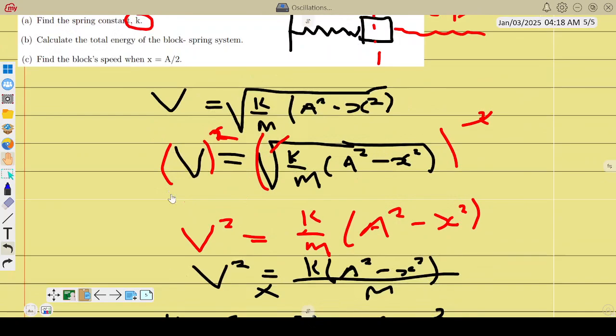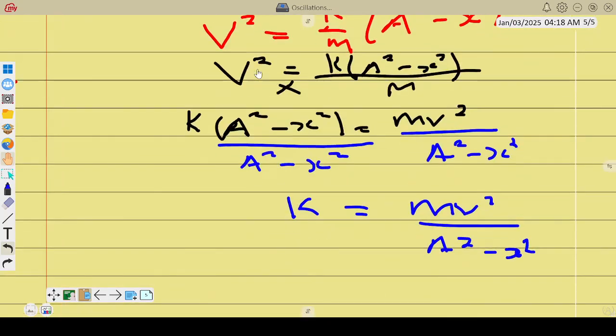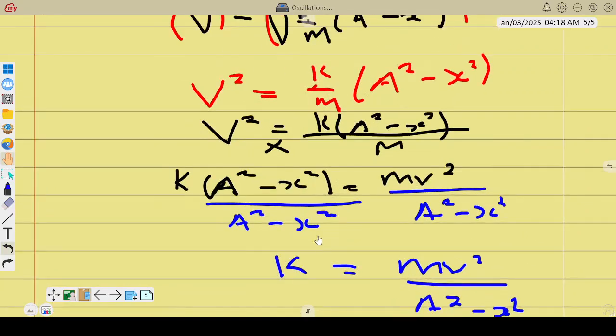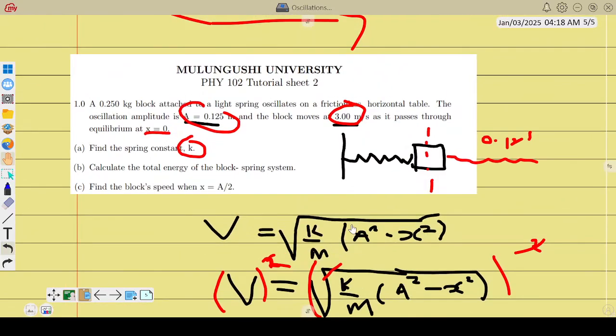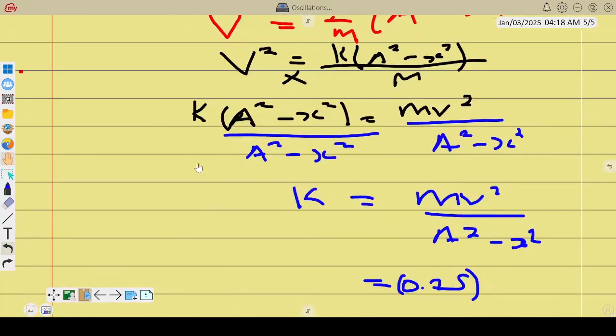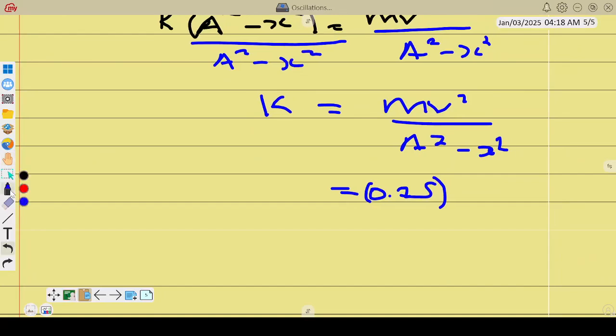The mass is 0.25, and the velocity, they told us, is 3 meters per second, and it has a square.